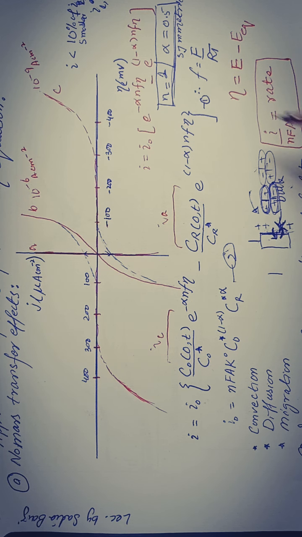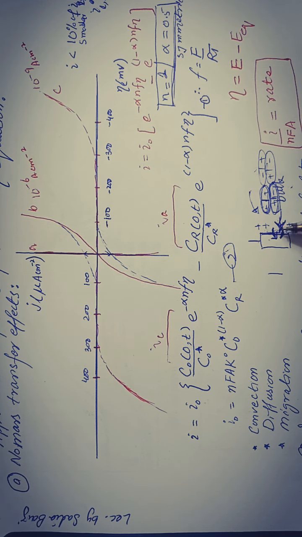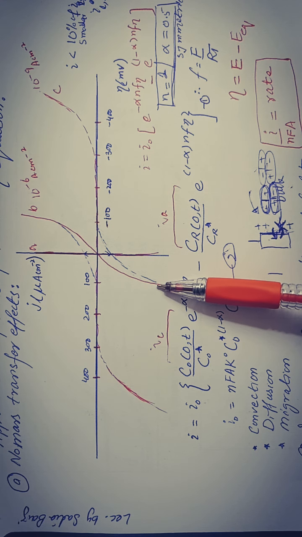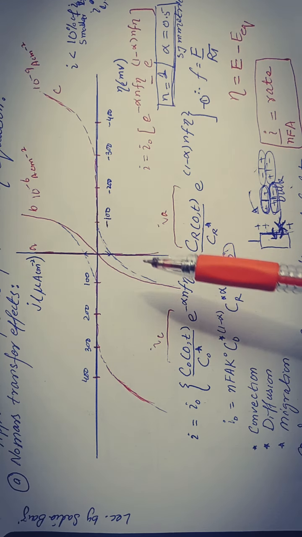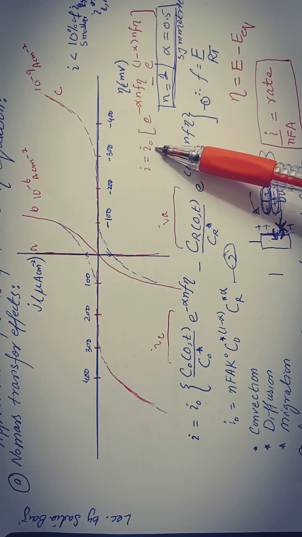So we can say that the amount of potential applied to the electrode is only involved in the heterogeneous charge transfer, which directly shows the rate of heterogeneous charge transfer in the form of current generation that is shown in the figure as red lines, which is then related to the exchange current.